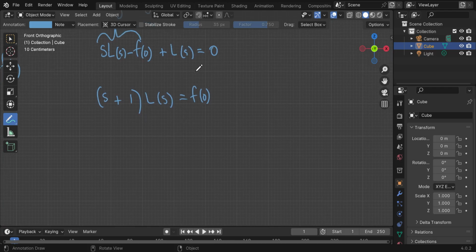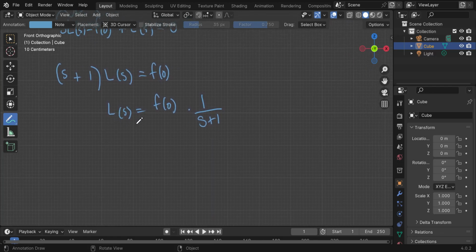And I could divide both sides by s plus 1 and come out with L of s equals f0 times 1 over s plus 1. So we have a Laplace transform of some function f of t that resulted in f0 times 1 over s plus 1. So what f of t could have been used?